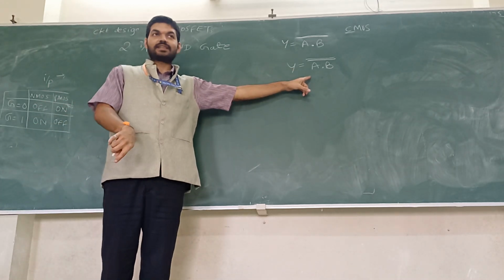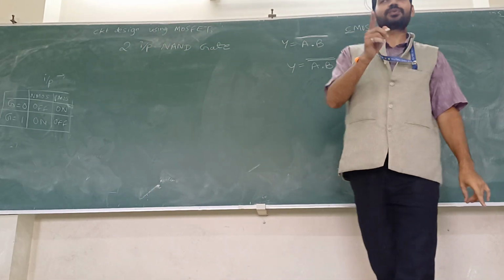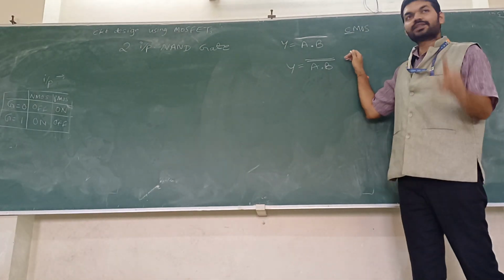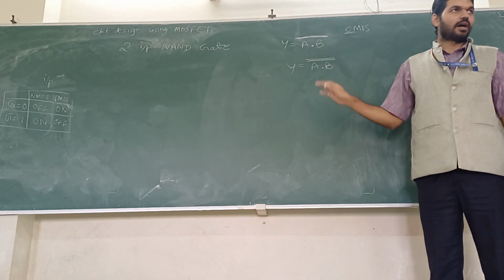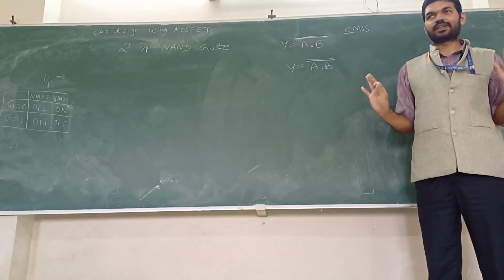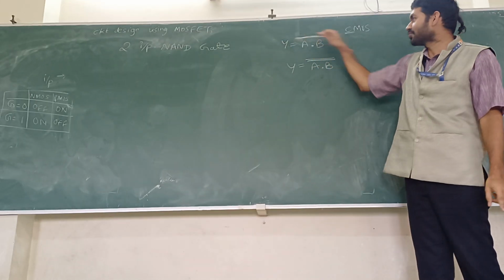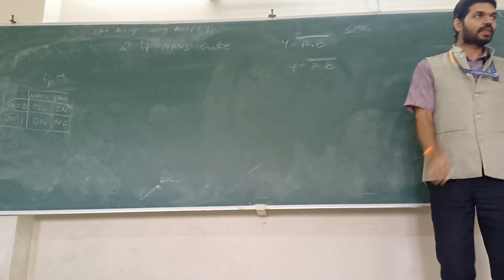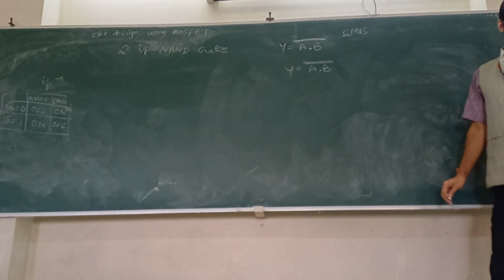The condition is you should have at least one whole bar. I have two whole bars, it's not an issue. I can continue. At least one whole bar should be there. Clear?